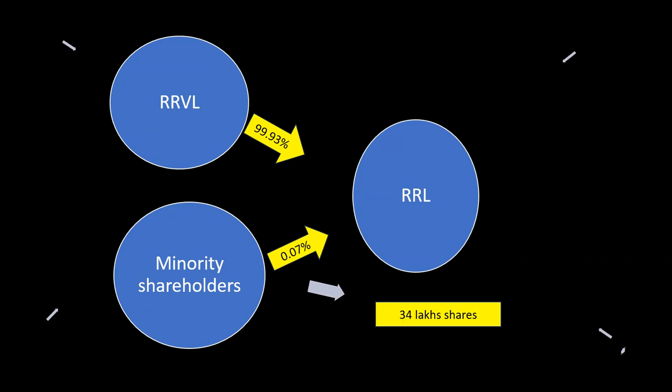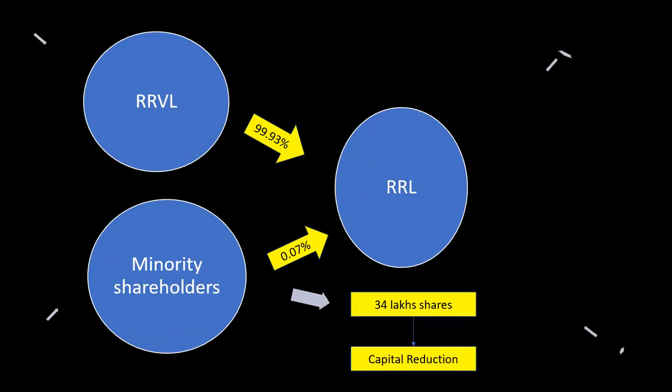So the focus of the capital reduction is 34 lakh. The focus of the buyers or the sellers of the shares will be these minority shareholders. And so the capital reduction is about 0.07%, which amounts to about 34 lakh shares.